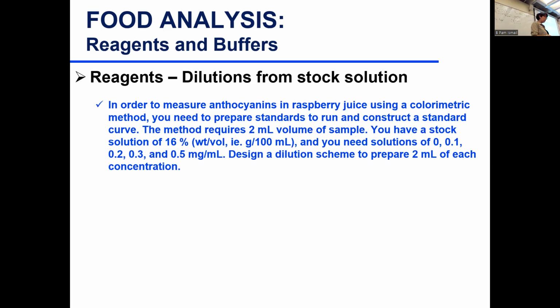We learned in the lab this week that the larger the volume or the larger the measurement, the less associated error. So I'd rather work with larger volumes. And if I want to get this much out of my stock solution, then I need to dilute my stock solution 100 times.